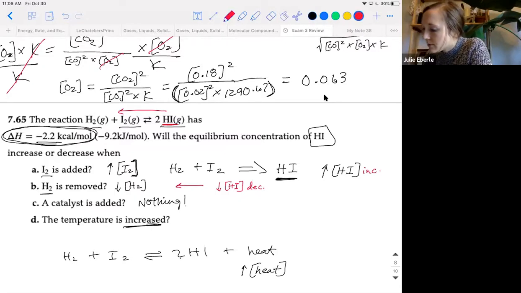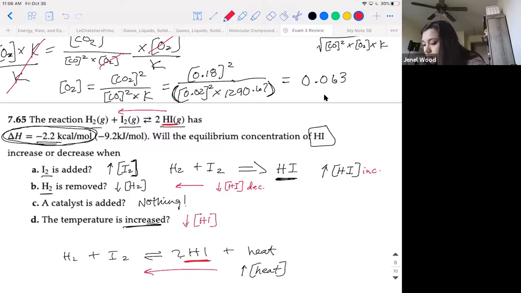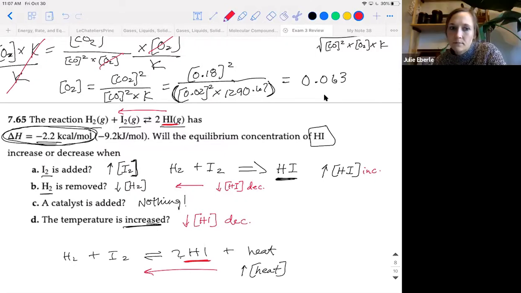So if equilibrium shifts left, what happens to the concentration of HI? Does it go up or down? Decrease. That's correct. We will decrease the concentration of HI when we shift towards reactants. All right.